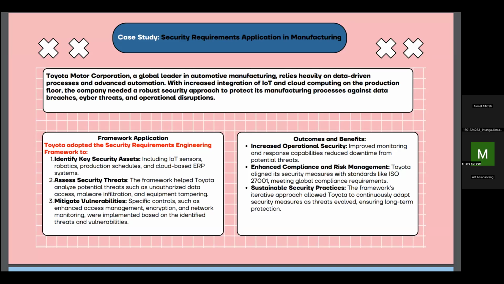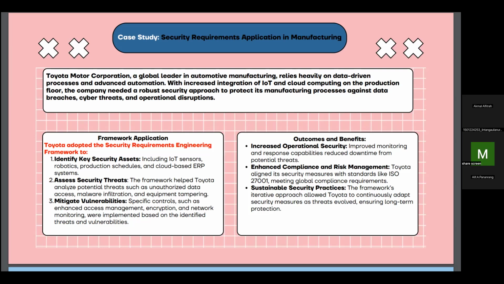Framework application. Toyota adapted the security requirement engineering framework to identify key security assets, including load sensors, robotic production schedules, and the cloud-based ERP system. The second is assess security threats. The framework helps Toyota analyze potential threats such as unauthorized data access, malware infiltration, and equipment tampering.